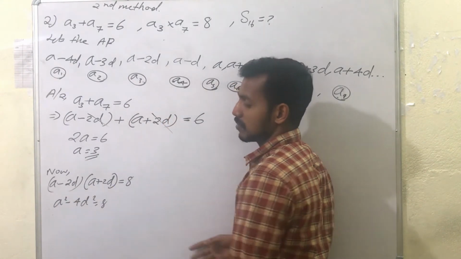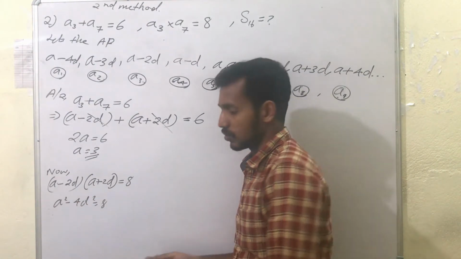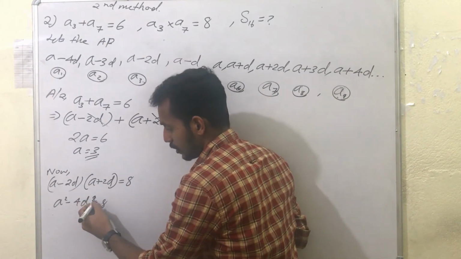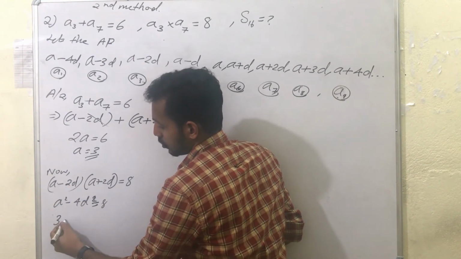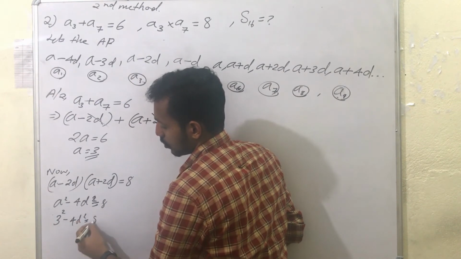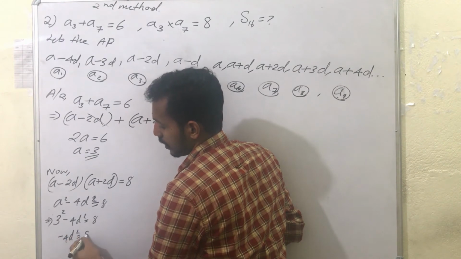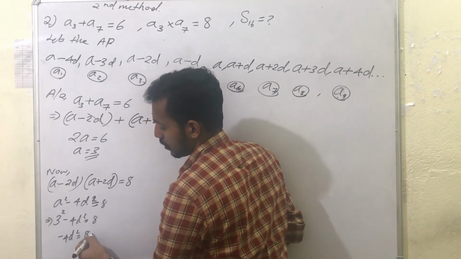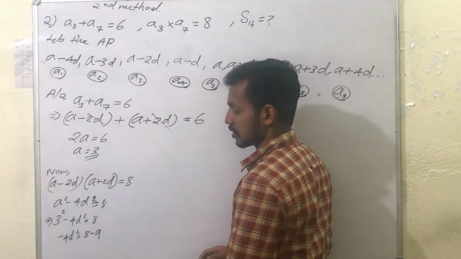A minus B into A plus B is A square minus B square. That means 2D whole square will be 4D square. Okay. Then what is A? A is equal to 3. 3 square minus 4D square is equal to 8. Then minus 4D square is equal to 8 minus 3 square, which is minus 9. Okay, plus 9 taken to the right will be minus 9.